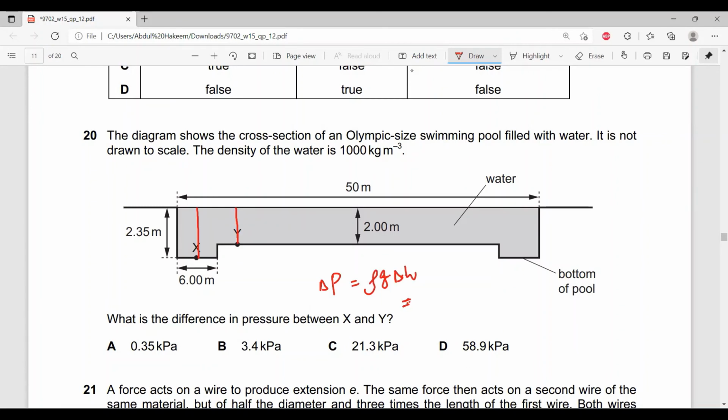The rho is given. It is 1000. G value is 9.81. And what is the depth difference? 2.35 minus 2, because this is 2, this is 2.35. So 2.35 minus 2 is 0.35. So this is the pressure difference. And it is approximately coming 3400. So this is the answer.